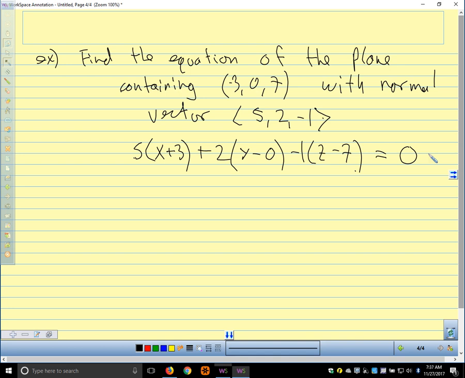You could multiply this out and combine your constant terms. You'd get 5x plus 2y minus z equals negative 21. That would be the equation of that plane. Nice linear equation in all of our variables.